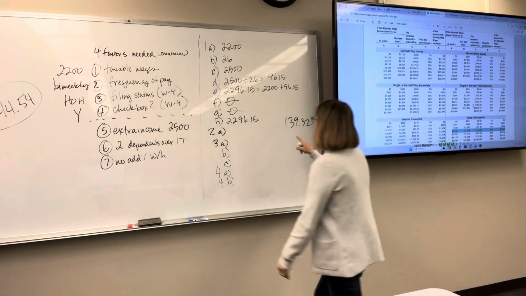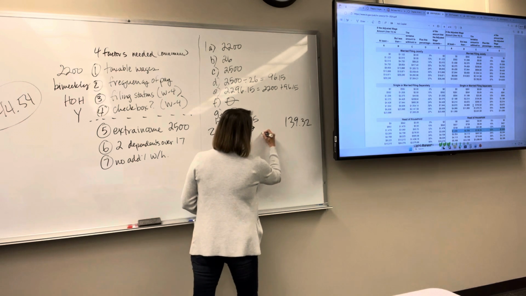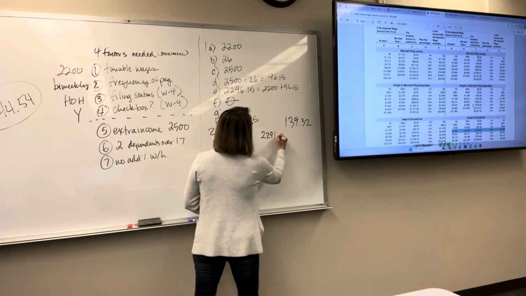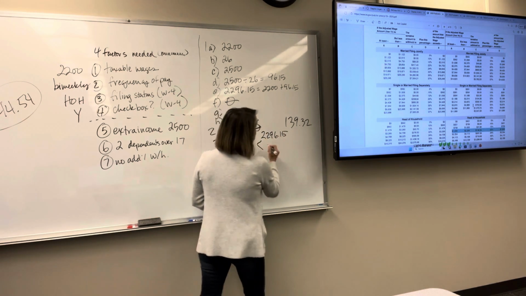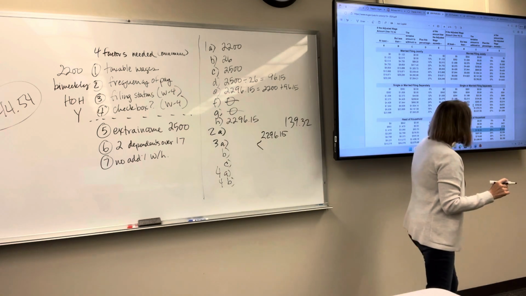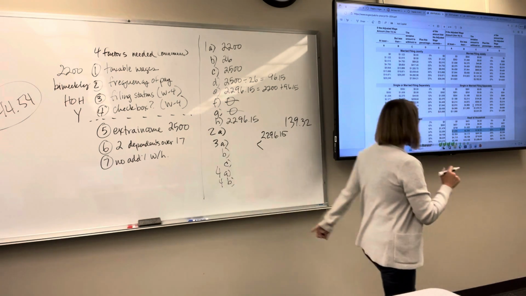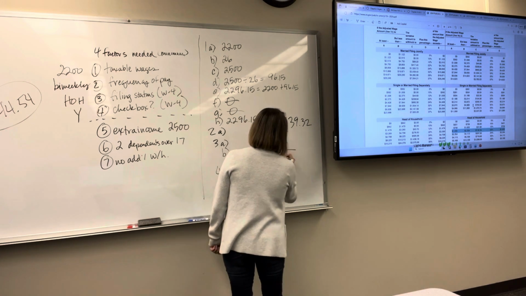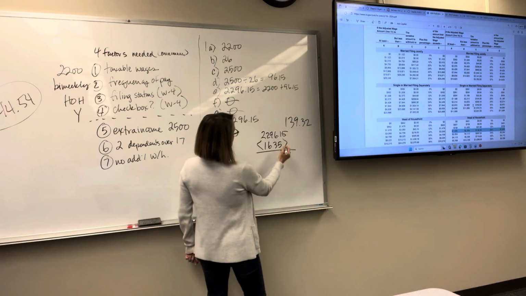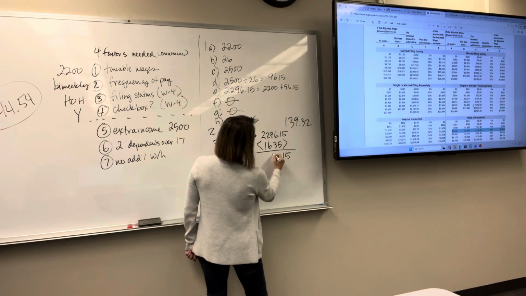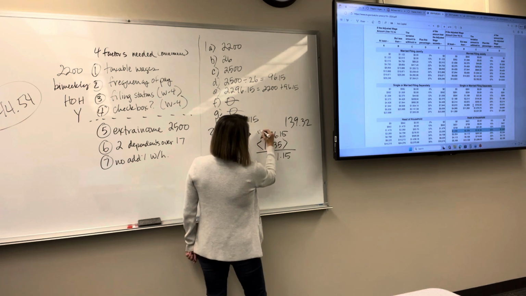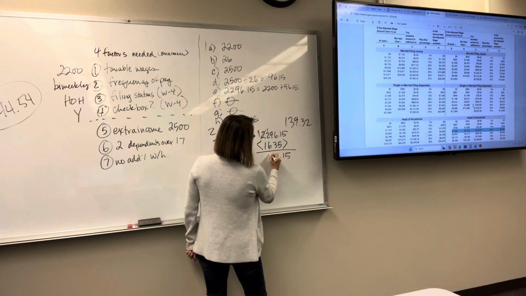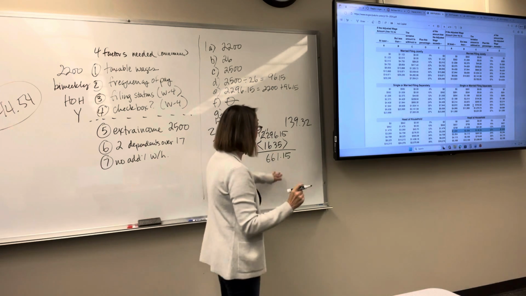So we do that by taking our adjusted wage amount, $2,296.15, subtracting the lowest end of that bracket, so the $1,635. So what do we have here? 661.15.